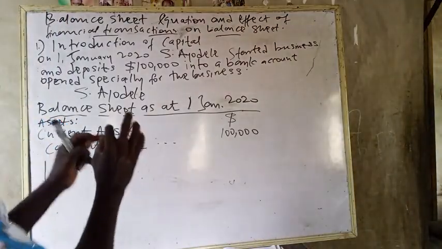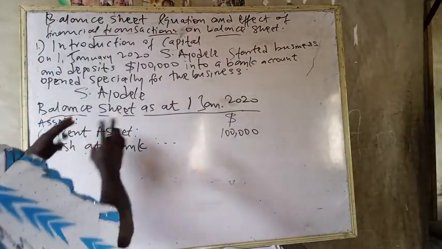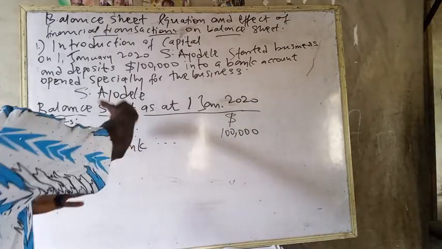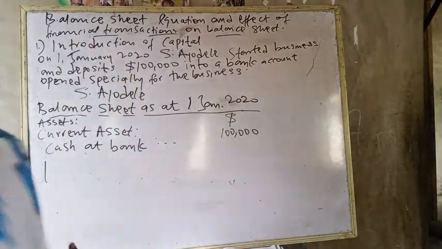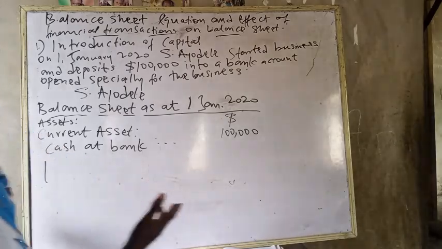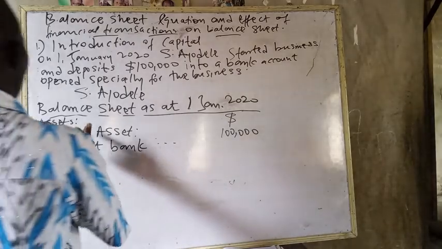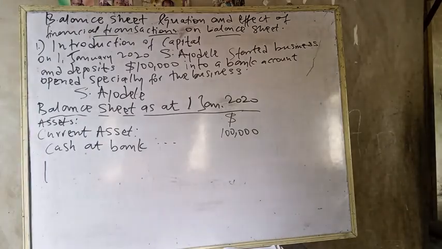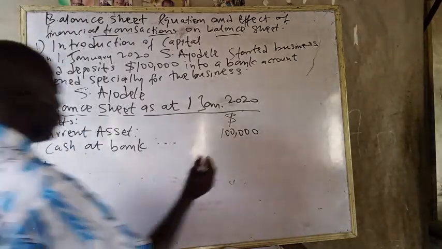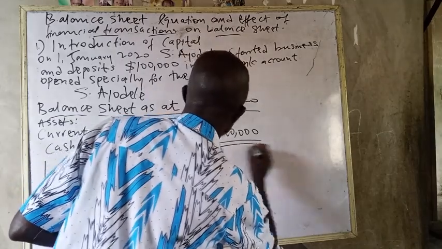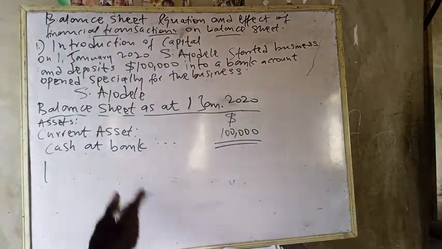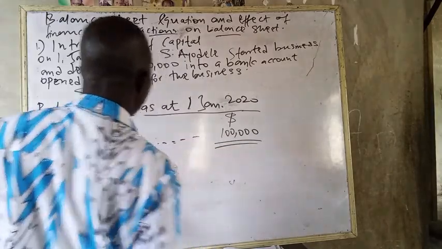But it is not categorized how it is in the balance sheet. Today we are going to categorize it how it's supposed to be. So number one is asset. This is the total of the assets, which is cash at bank.